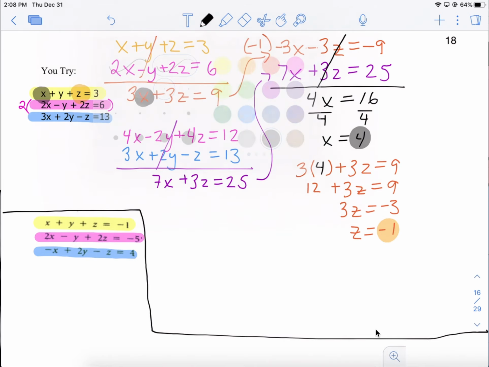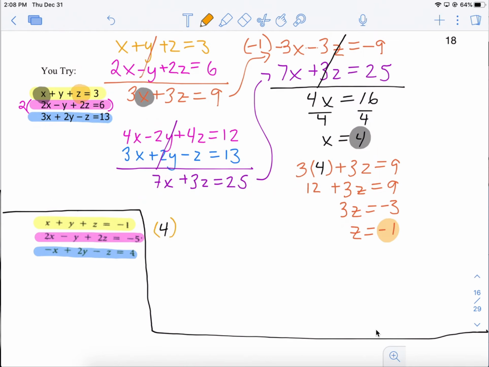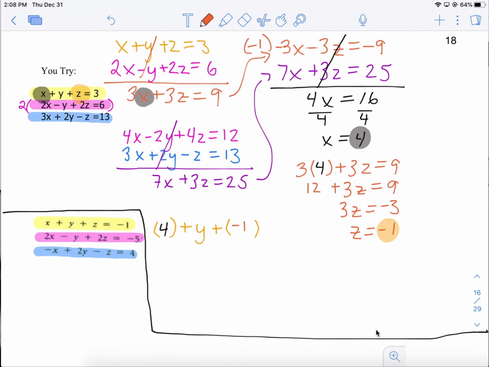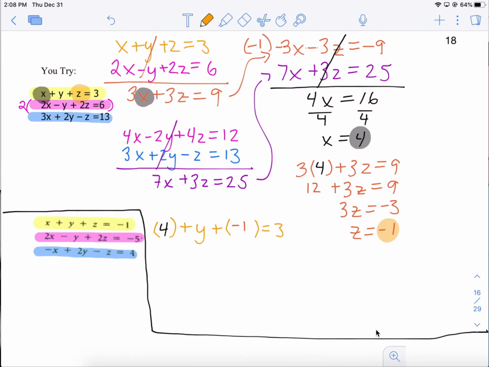Let me write that in there. 4 plus y plus my z is a -1 equals 3. All right, so I don't really have any distributing or anything to do, so I'm just going to put those together. 4 and a -1 is going to make it 3, so y plus 3 equals 3, which should just give me y is 0.